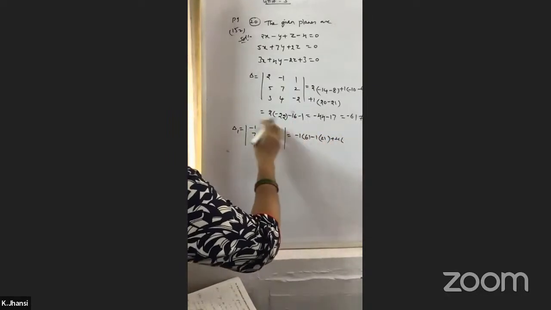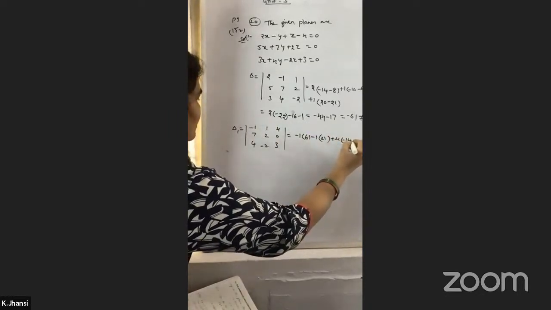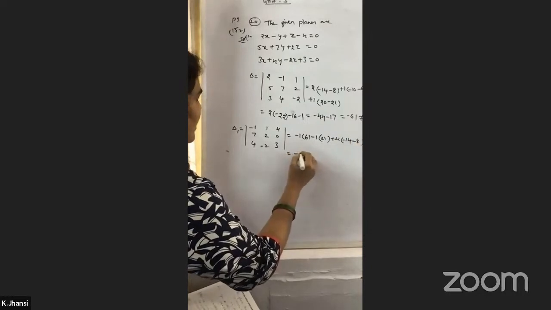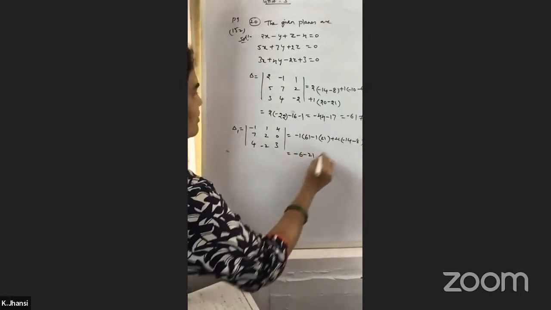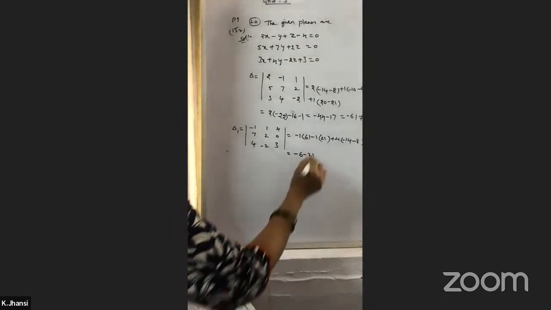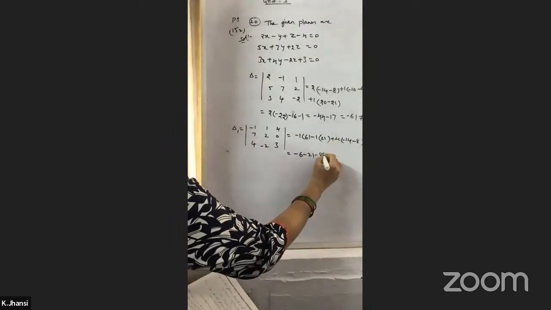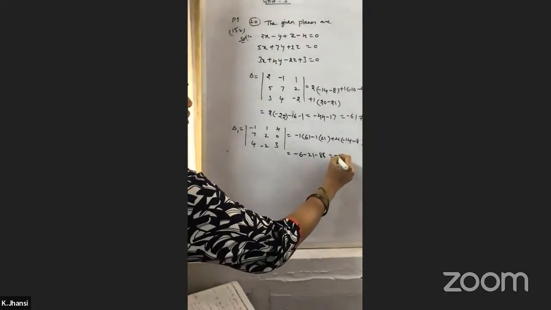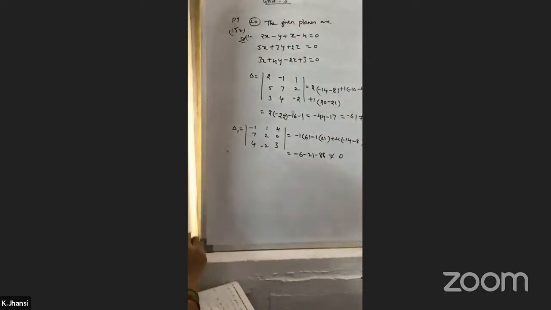Plus 4 into -14 -8. So it is -6 -21 -22. 22 fours are -88. So this also you will get as not equals to 0.